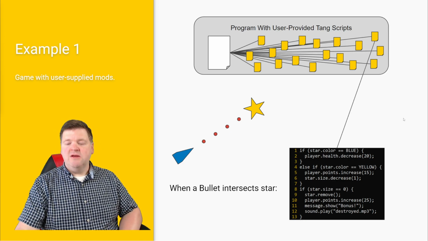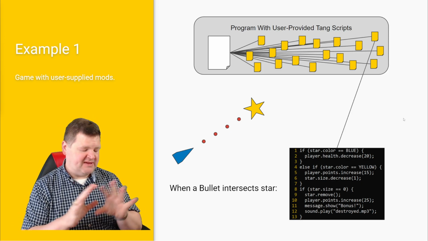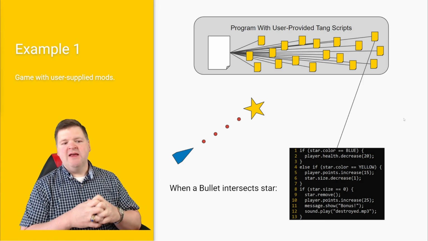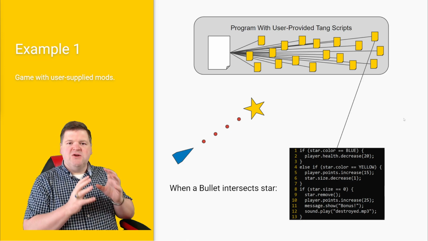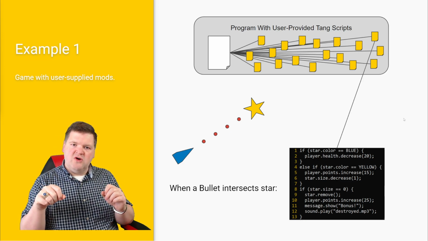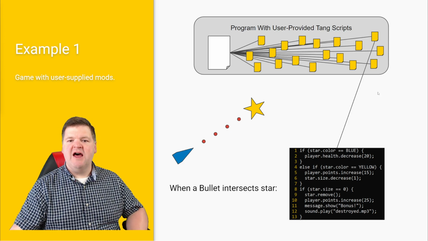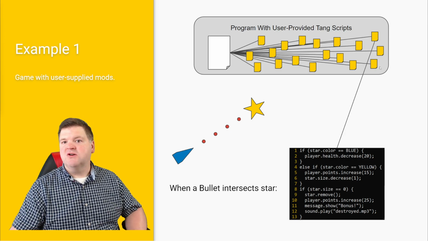So a good application for a language such as this, and now this is not the intent of this language, but I'm just saying one way of understanding it, would be there's a program that exists now, but it wants to allow other people later on to be able to add functionality. And there could be a lot of different things. You could have a script that says, well, what happens when the game starts?